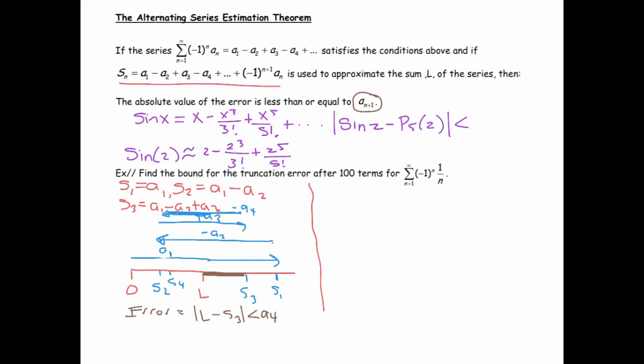So again, we ignore the negative because we're making a statement about length, but it's going to be less than this. Okay, so it's a very easy test to apply. You know that the error is always going to be less than the absolute value of the next term if you consider the alternating part of it.